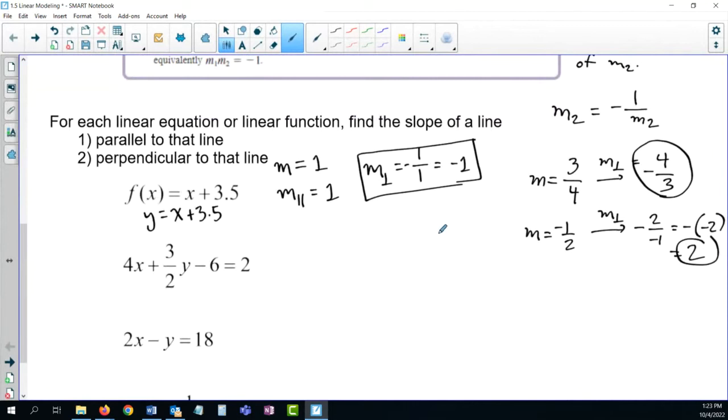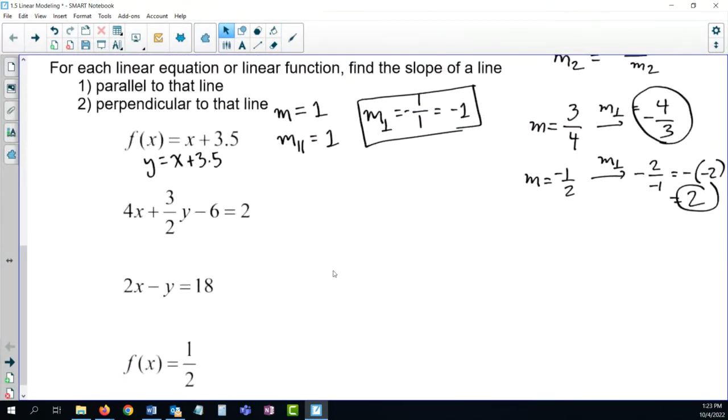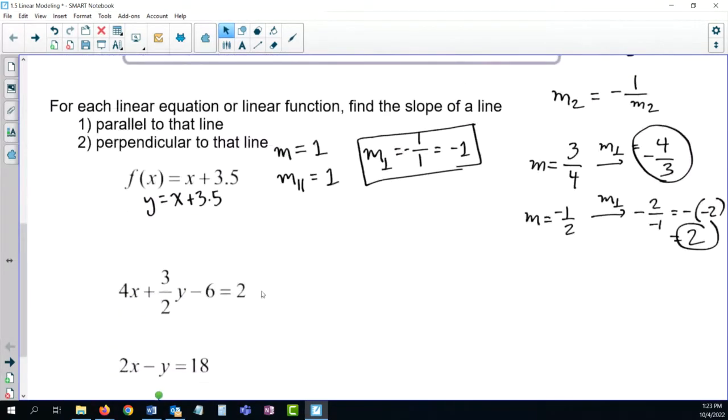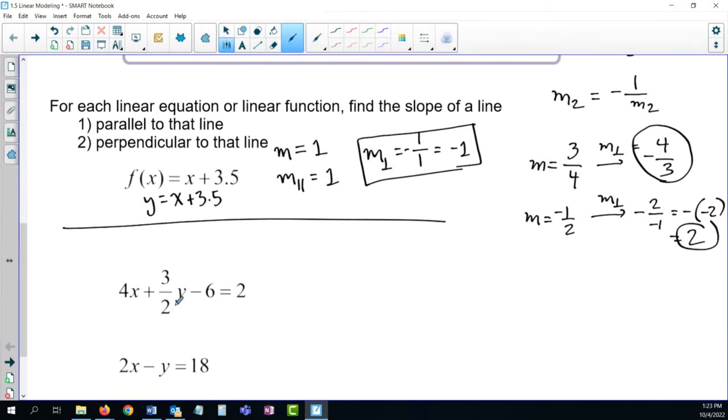Now, for the next one, I have an equation, and I'm asked to find the slope of the line that is parallel and perpendicular. So here's the problem.